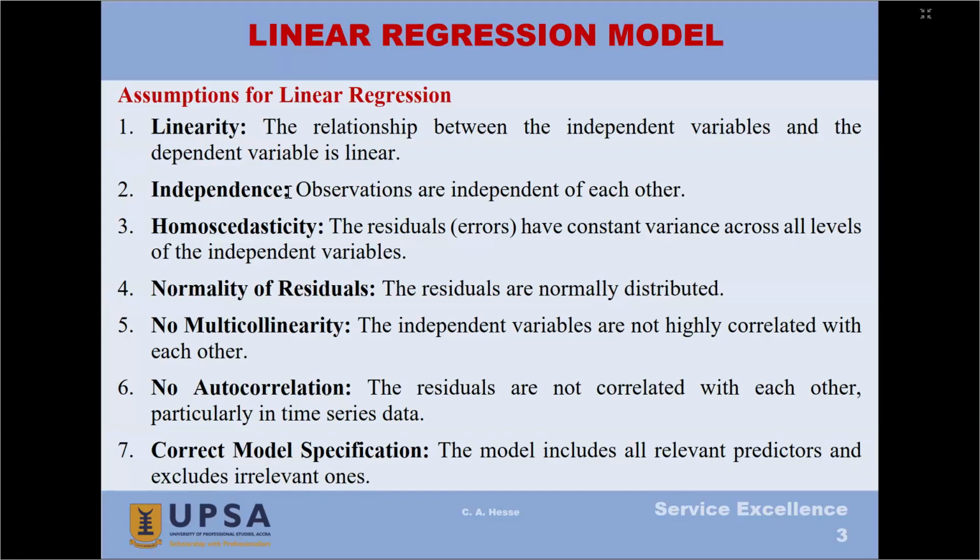Then we have the normality assumption of the residuals. The residuals are assumed to be normally distributed. Then there should be no multi-collinearity in the independent variables. That is, the independent variables should not be highly correlated. When they are highly correlated, you can use what I was teaching you last time, the principal component analysis, to reduce the correlated variables into one variable.